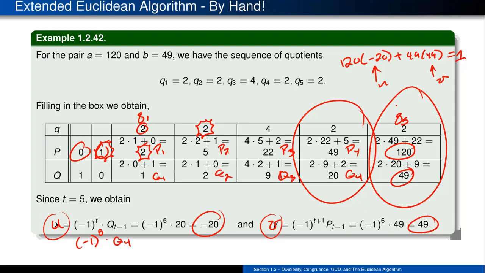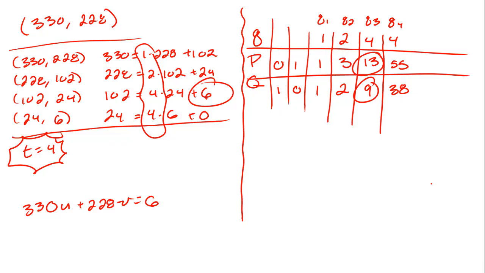that when we have a GCD of 1, we ended up seeing the values A and B occur in that very last column. In this case, my very last column has a 55 and a 38, which is not what my values A and B happen to be. But if you look at them more carefully, that 55 is connected to the 330.